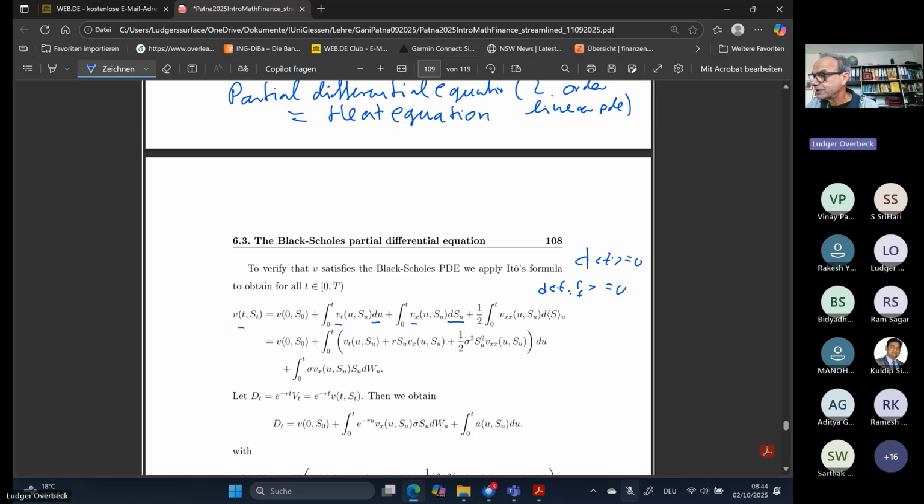The identity function has no quadratic variation and no quadratic cross variation. So the only one is the second derivative of v, and so we integrate by the quadratic variation. So that's the Ito formula. It's a two-dimensional Ito formula, where the first dimension is not really a stochastic process, it's a deterministic function, and the second one S_u.